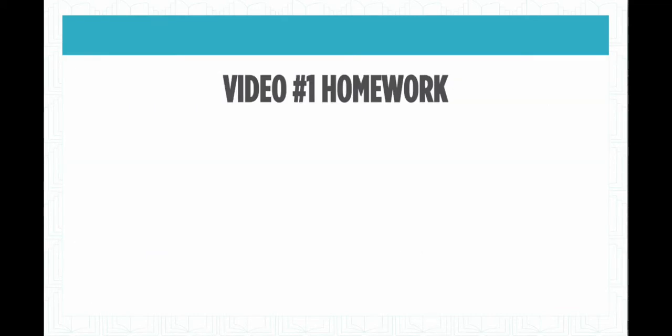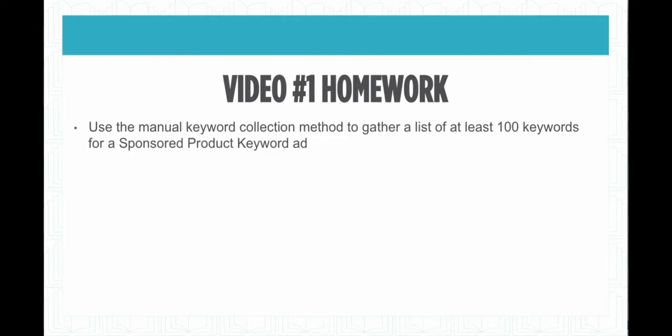Let's get into the homework today. This is going to be a lot of fun. I want you to use the manual keyword collection method. Yes, I know it'll take a little extra time to gather and create, but you only need to do this for one ad. Gather at least 100 keywords for a sponsored product keyword ad. I recommend you look at one of the best sellers in your genre that is not traditionally published.